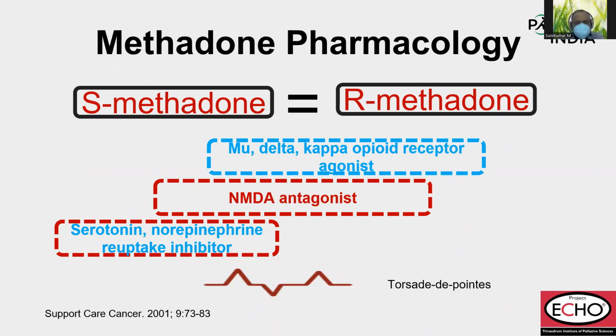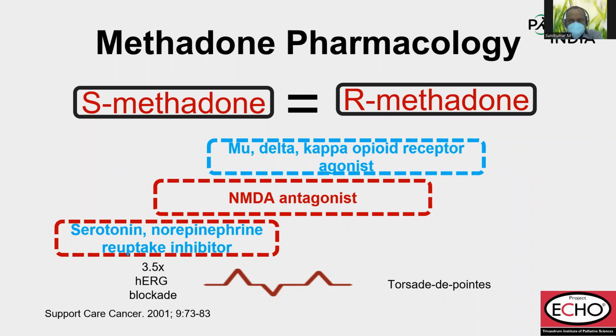But there is another mechanism of action. It inhibits the human ether-a-go-go related gene, that is HERG. This HERG is seen in smooth muscles, but it is abundant in myocardium. So it inhibits this HERG gene, and it can cause torsades de pointes.